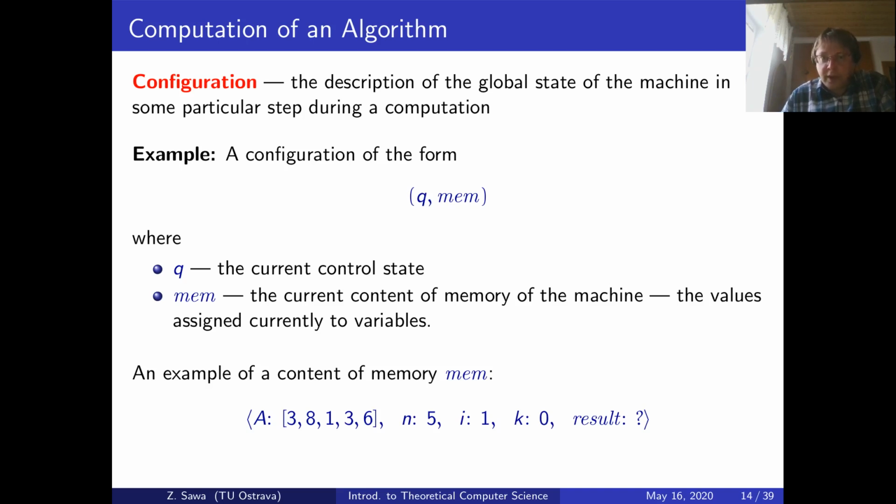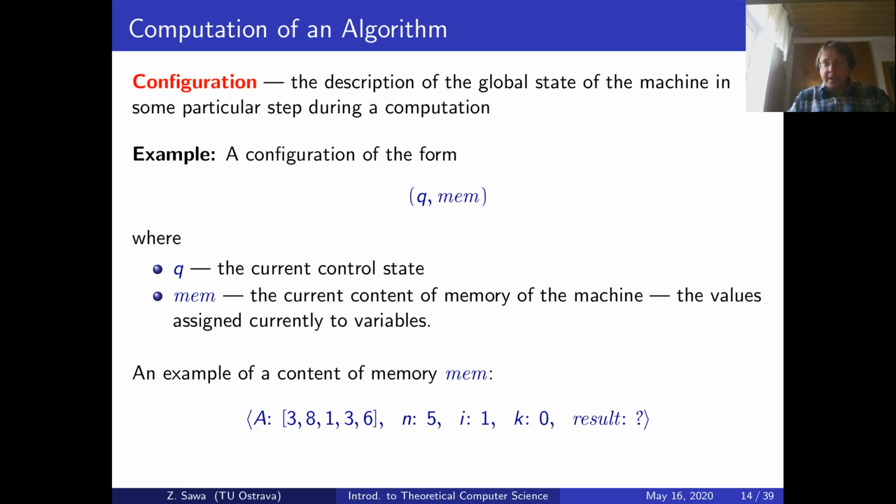So I will try to describe what is typically meant by the word configuration of a machine. A configuration is a description of the global state of the machine. So what is the content of its memory, what is the currently performed instruction, and so on.